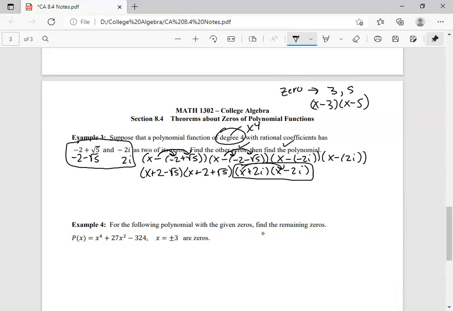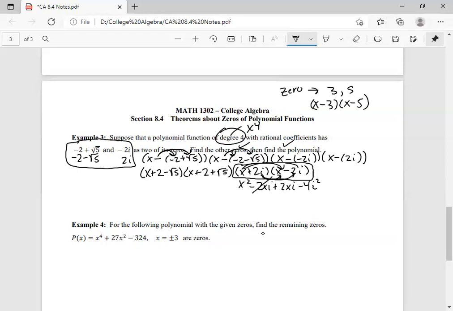So we can just FOIL this part out. X times X is X squared. X times -2i is -2xi, or -2ix. It doesn't matter which way you say that. And then 2i times x would be +2xi or ix. And then you're going to do 2 times -2. That's going to be -4. And i times i is going to be i squared.